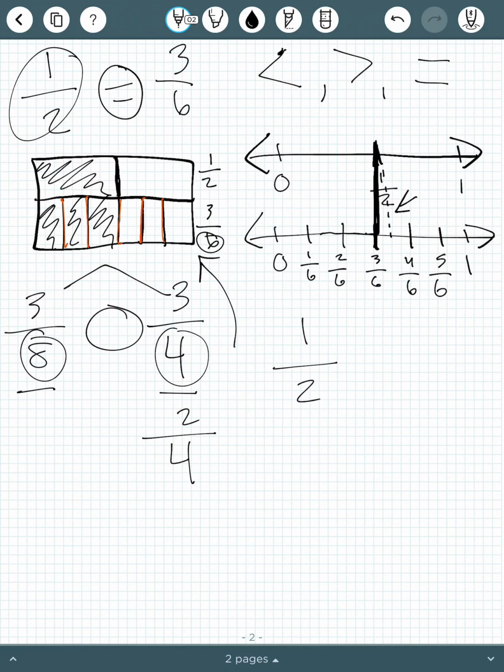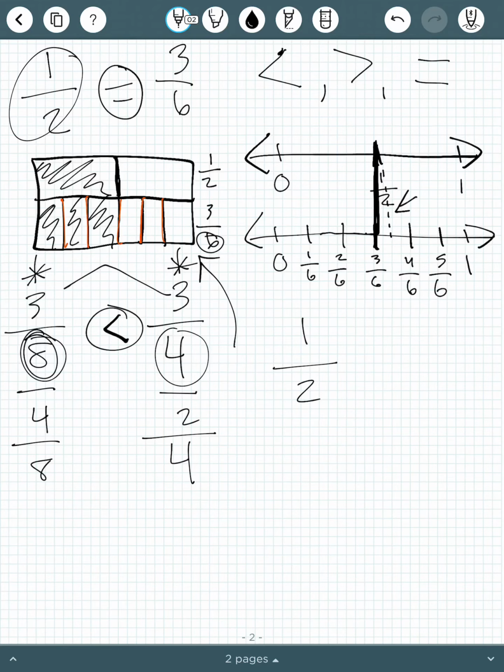So we automatically know that 3/4 is more than half of 4. And then what is half of 8? 4. 4/8 would be half of 8. So we know that this one is automatically below 1/2, and this one is automatically larger than 1/2. So we would know that 3/4 is greater than 3/8. You could also draw a number line or an area model.